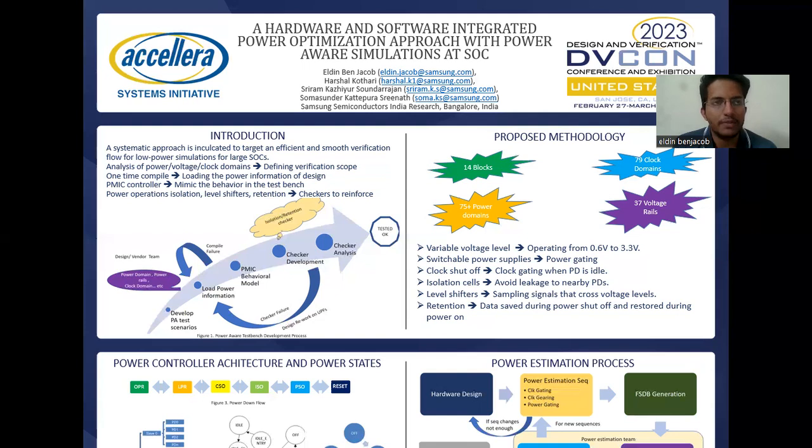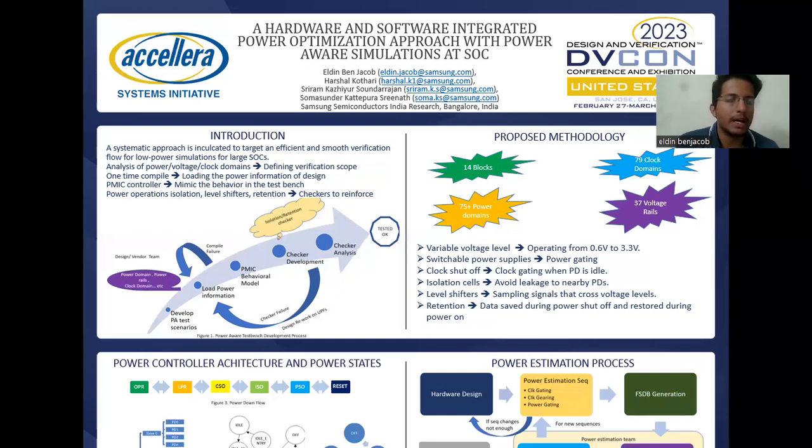Next, we have the UPFs, that is Unified Power Files, which contain the different power domains, power rails, and clock domain information. These are integrated along with the design and then given for compilation so that once the complete design is taken up for simulation, it has all the voltage rails, and those can be connected to the different power supplies.